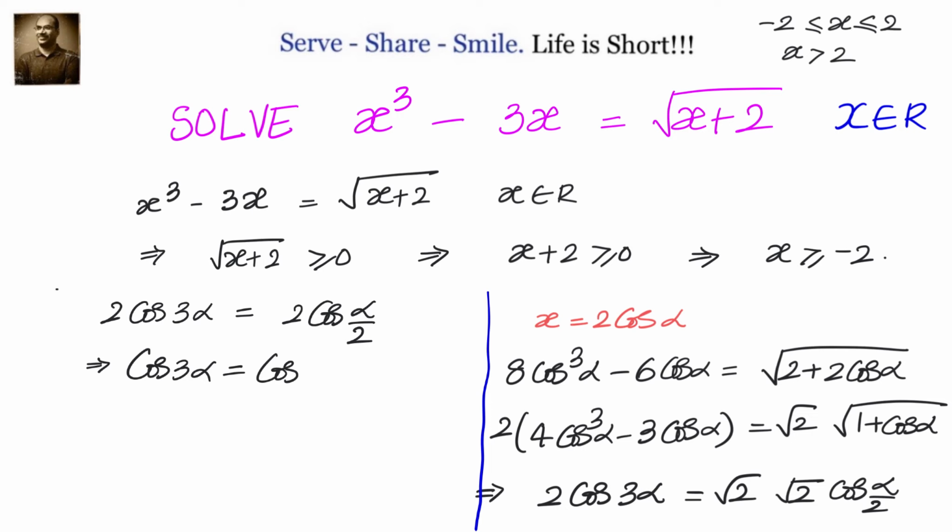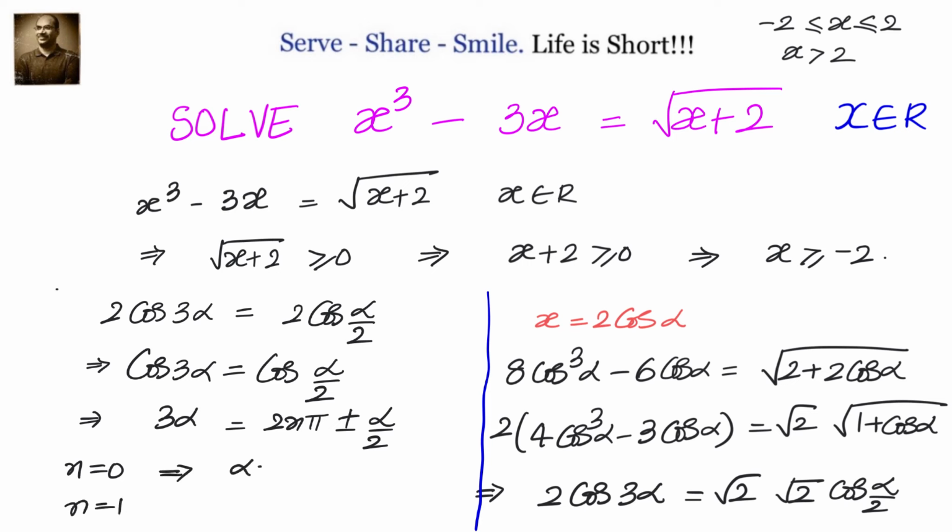Now let's find the general solution. We will have 3 alpha equals 2n pi plus or minus alpha by 2. Now let's take values of n as 0 and 1. If we take n equals 0, we have alpha equals 0. If we take n equals 1, we have 3 alpha equals 2 pi plus or minus alpha by 2.